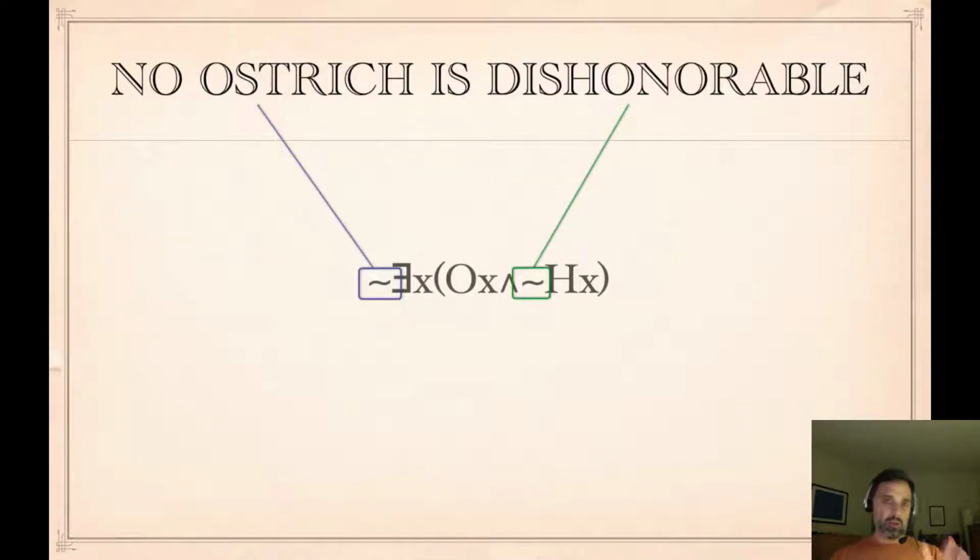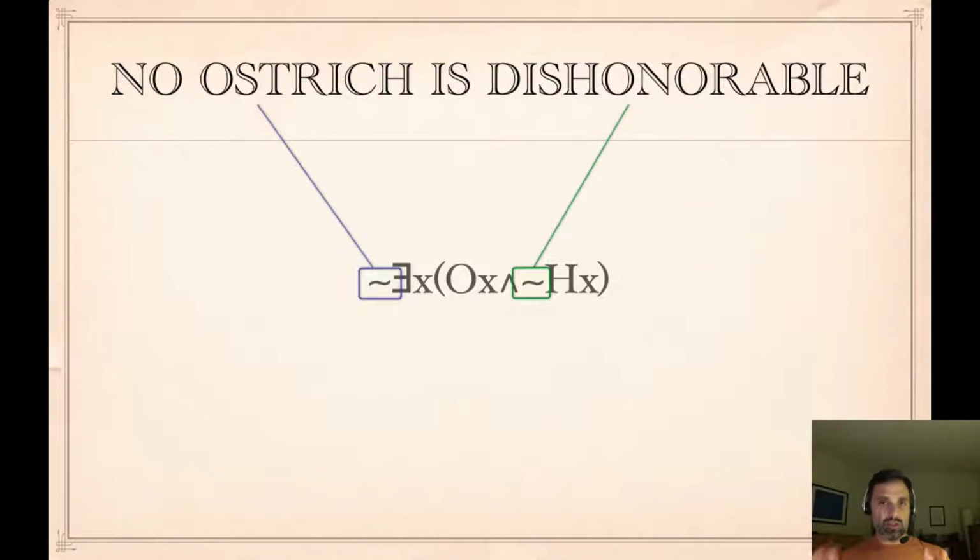Now, if we have this symbolization of no ostrich is dishonorable, the no gives us the negation in front of the existential, and the dishonorable, the dis, gives us the negation on the HX. So we have the negation from the determiner phrase, the negation from the quantity word, goes at the beginning with the existential and the conjunction, and the negation in the verb phrase, the dis in dishonorable, goes on one of the conjuncts.